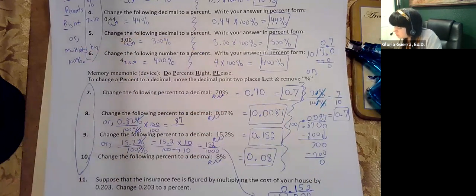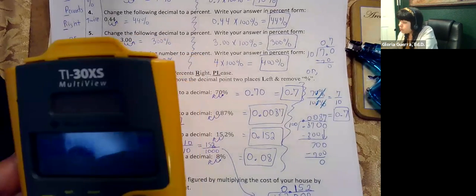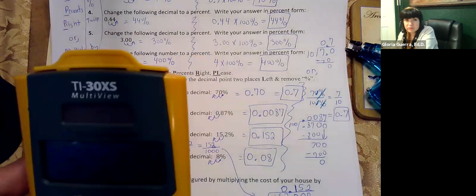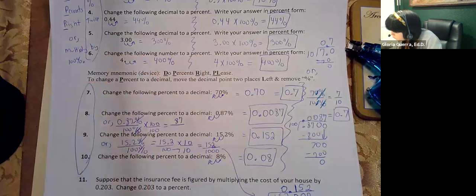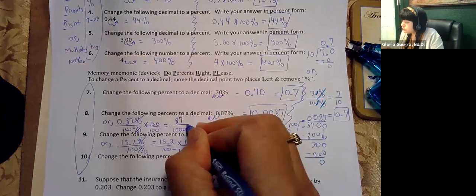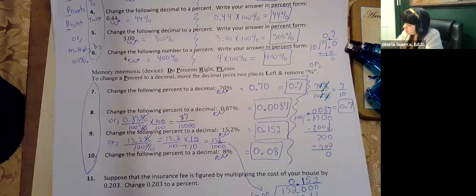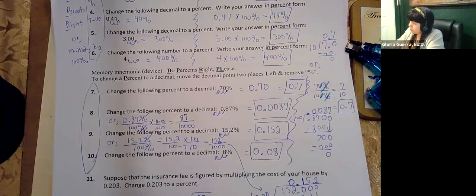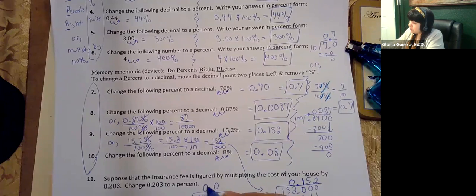And then 100 times 100 looks like that's 10,000. So you add 4 zeros to that. Okay, and then we're doing 87 divided by 10,000. So that doesn't go into 87. 0.